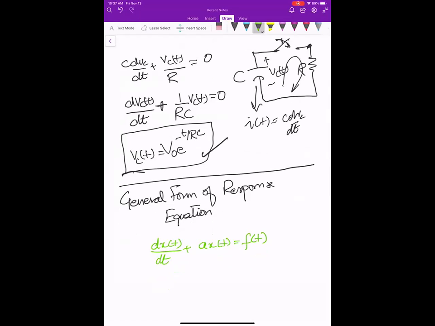Oh, yeah, the general solution for linear first order differential equations. Yes. So this is the same as the first order differential equation. This is also a first order differential equation. We will try to find it out, okay?